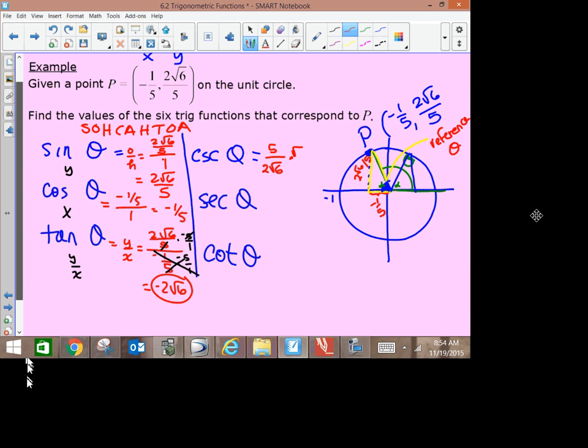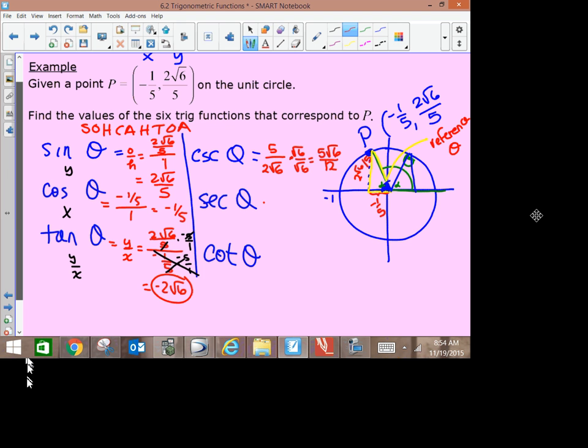We multiply by radical over radical. 5 radical 6 over 12. Can we simplify radical 6 and 12? No, that's right. 2 times 6 is 12. Remember, radical 6 times radical 6 is radical 36, which is 6.